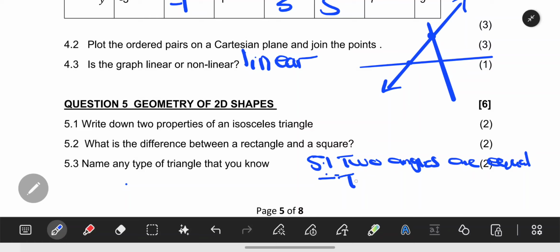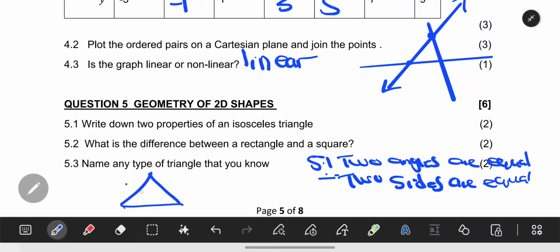Or I can say 2 sides are equal. Because an isosceles is a triangle like this. This side is equal to this, and also this angle.